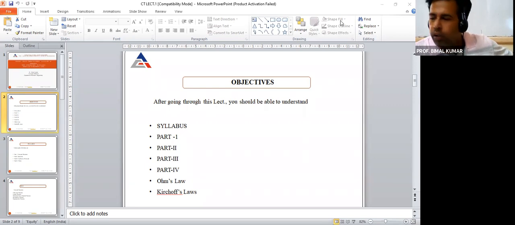And the second part of the syllabus is synthesis. Synthesis means designing of the network. In the first case, a circuit is given to us and we will have to find the equation, and from that equation we will have to find voltage or current or whatever is required.